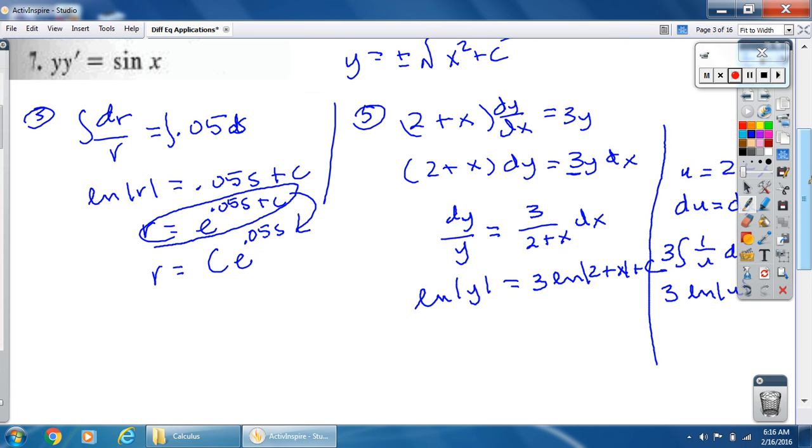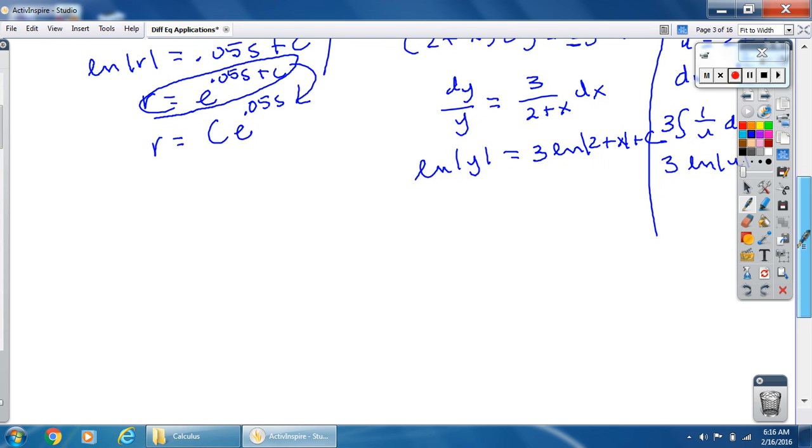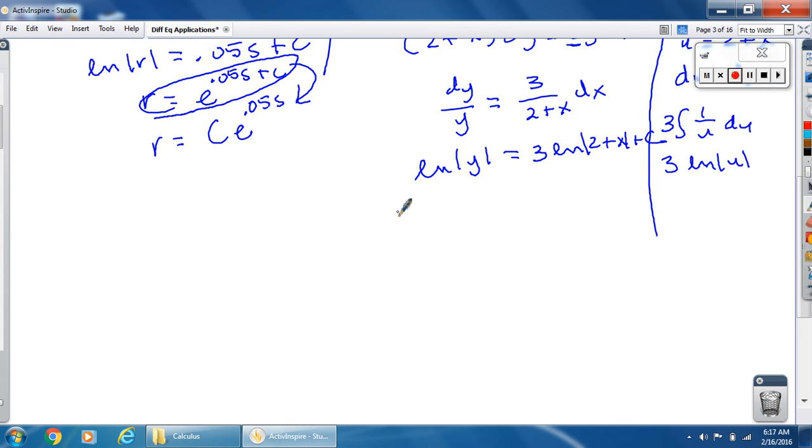Alright, let's get through the algebra here. Give myself a little more space. Alright, so that's going to be y equal to e to the ln of 2 plus x to the third power plus c.